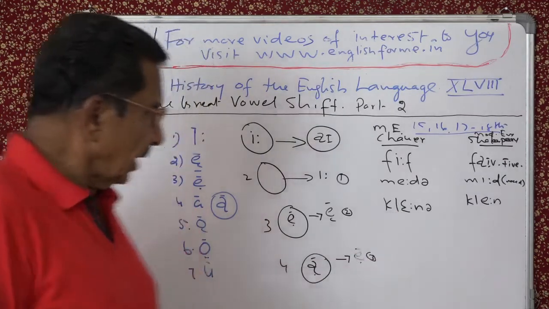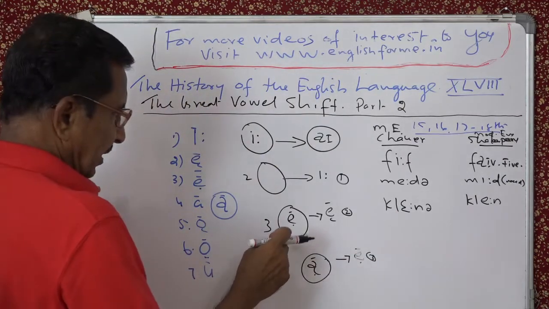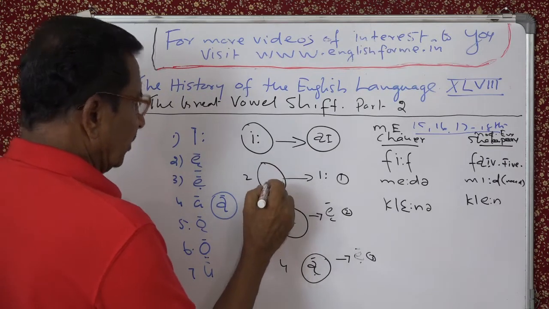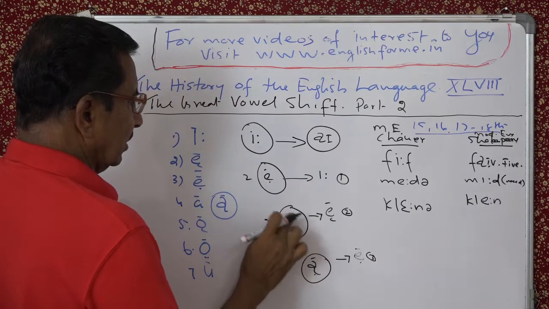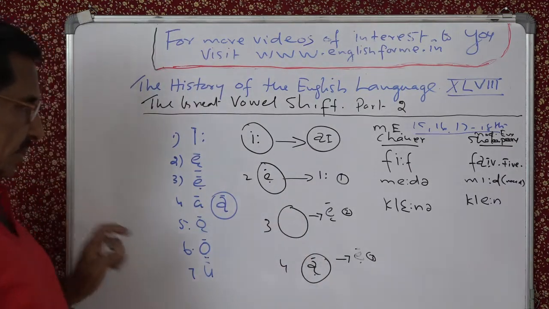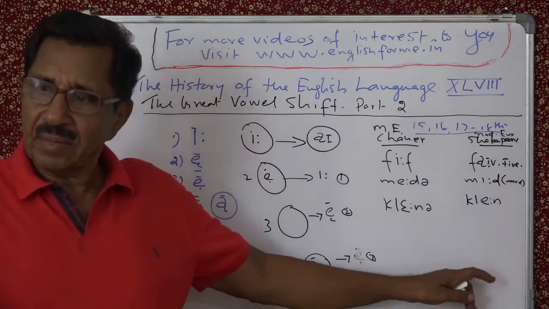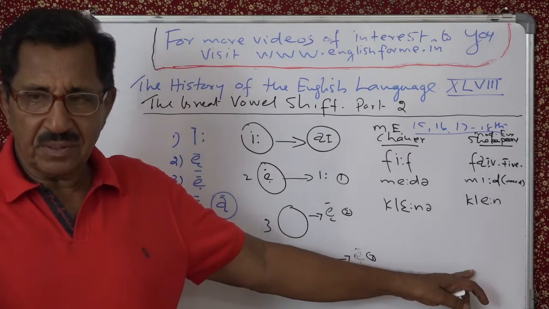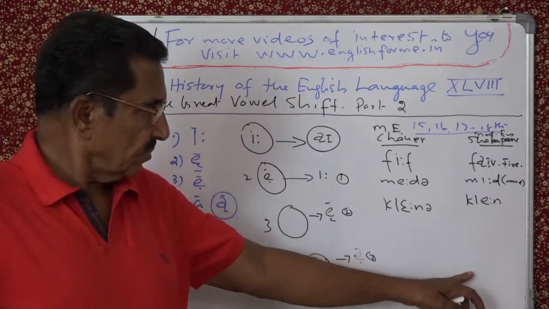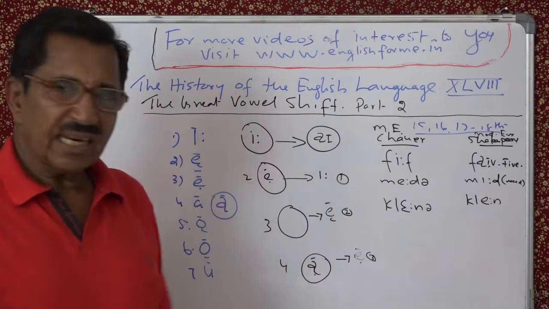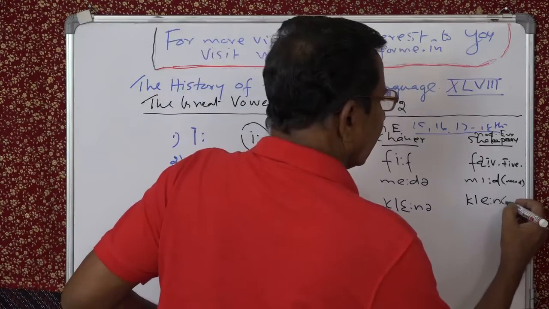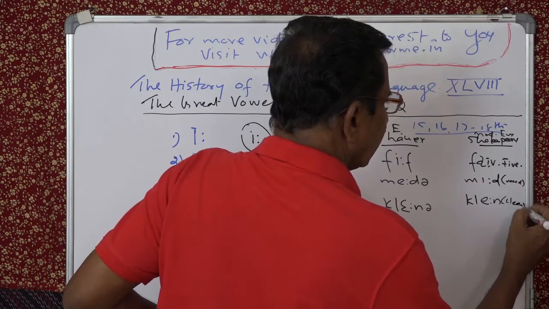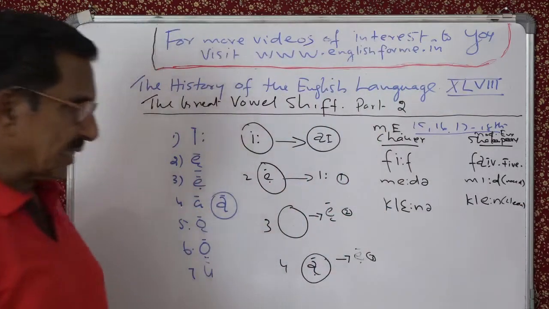So what happened is, the third vowel moved to the second position. So now this is not here. Later on it became clean. Our present pronunciation is clean. So clan became clean. The word is clean. But the pronunciation in Shakespeare's time was clan.